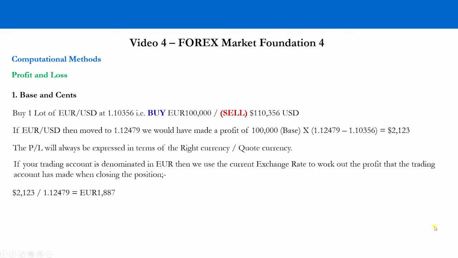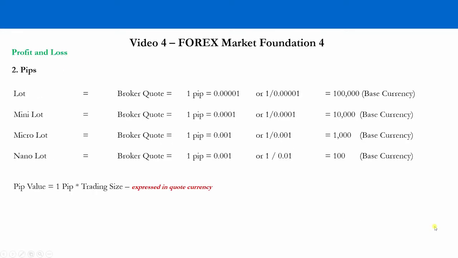Now, if we work out our profit and loss in pips, how do we do this? Well, if you remember this table from earlier, we looked at the broker's pip values and we looked at trading sizes. And what's important when you're working out your profit and loss in pips is the pip value set by the brokers on your trading platform and working this out in terms of a currency value per pip.